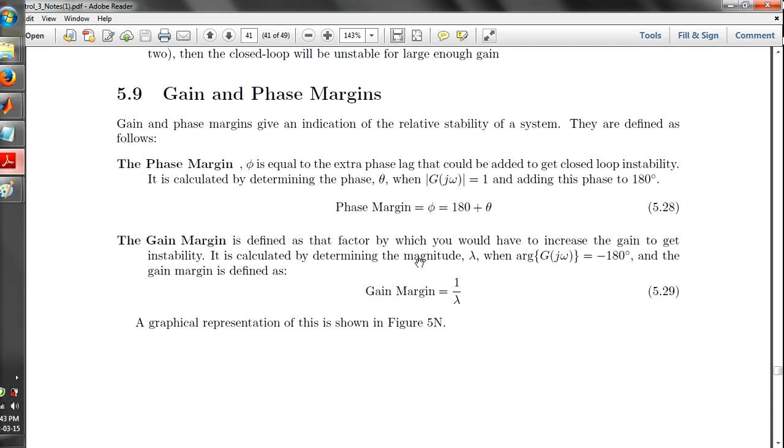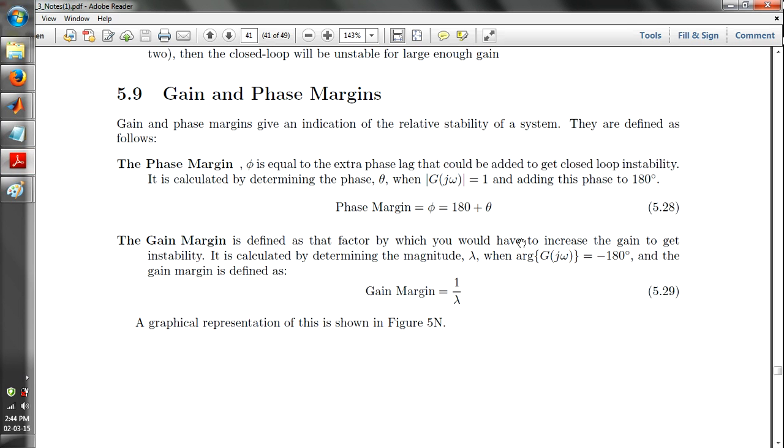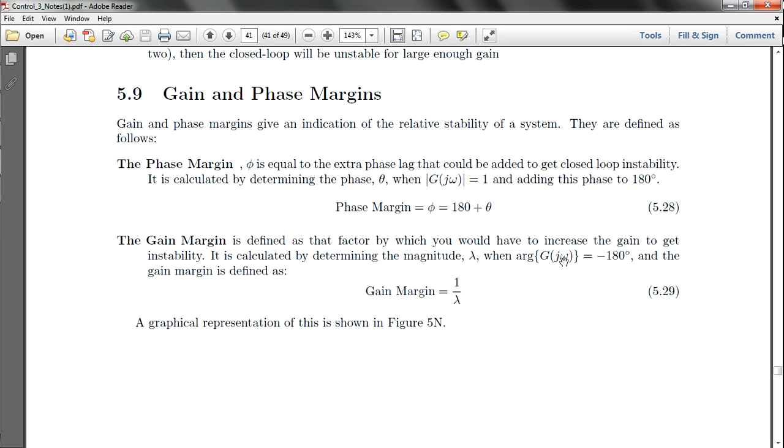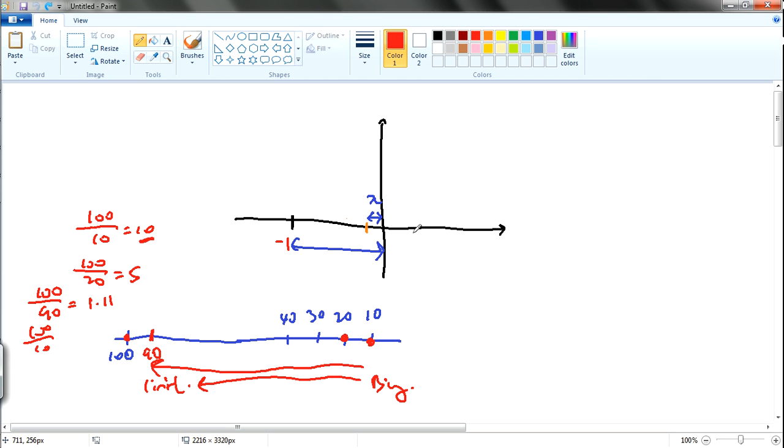So I hope I give you a very clear understanding of what it actually is. And then it is calculated by determining the magnitude, this lambda, when the transfer function is equal to negative 180 degrees. So the transfer function is minus 180 degrees, which is this one, right?